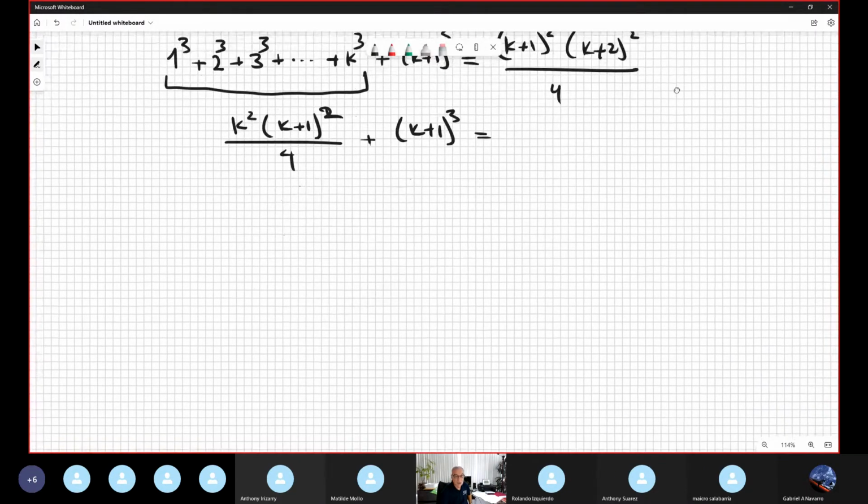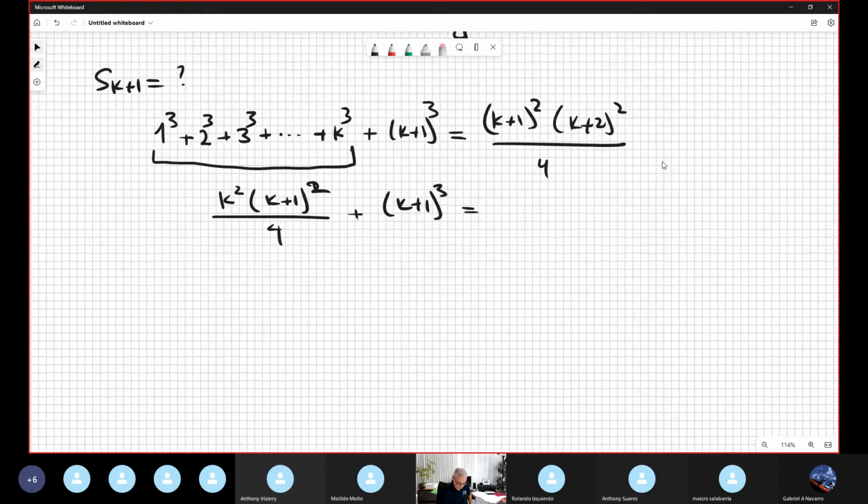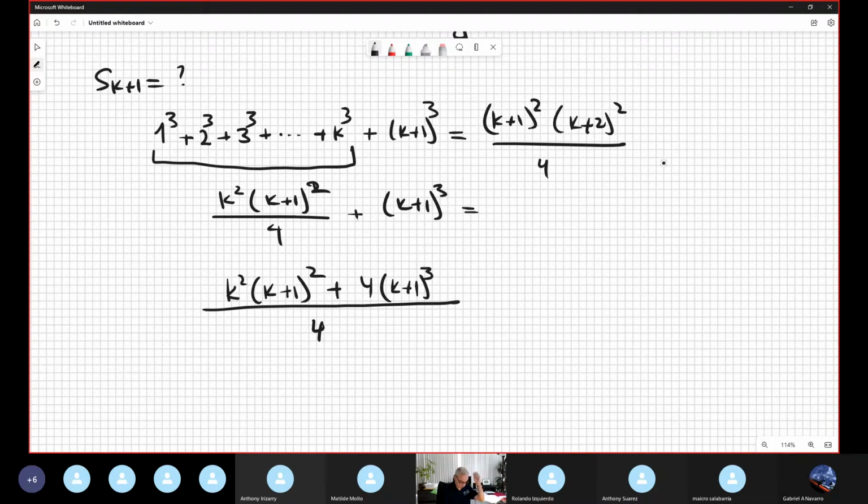And you try to manipulate this. The least common denominator is 4. K squared, k plus 1 squared, plus 4 times k plus 1 cubed.